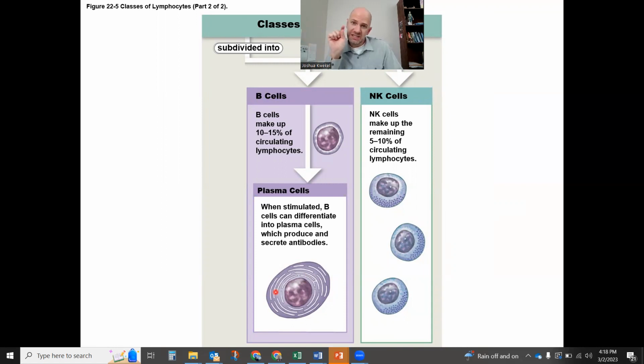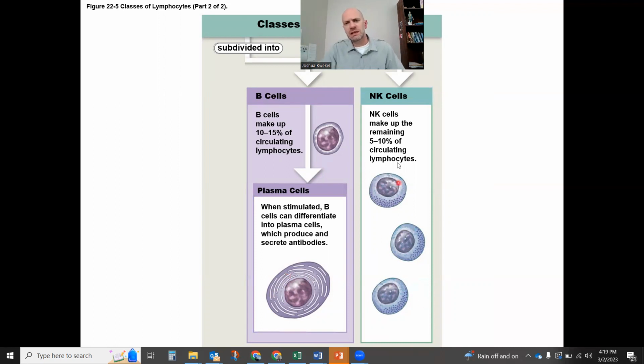So the rough means you see these tiny little ribosomes all over the place. What does a ribosome do? Well, ribosome does protein synthesis. Protein synthesis means we're making proteins. What are antibodies? Antibodies are proteins. So all of this rough endoplasmic reticulum is just a whole bunch of making antibodies. That's all these cells do, it's like a factory for making antibodies.